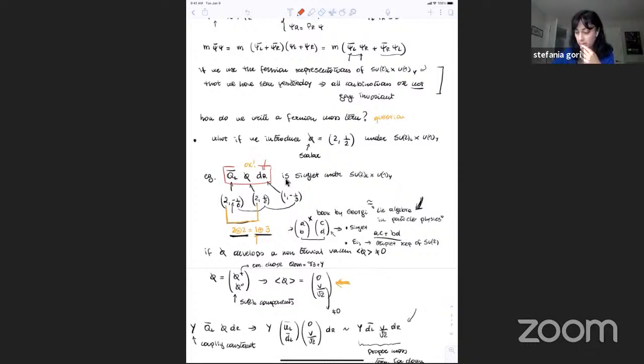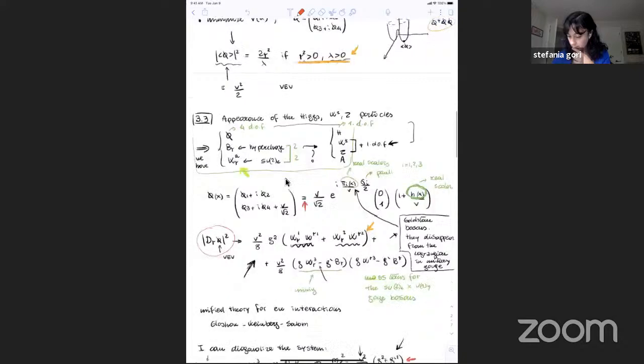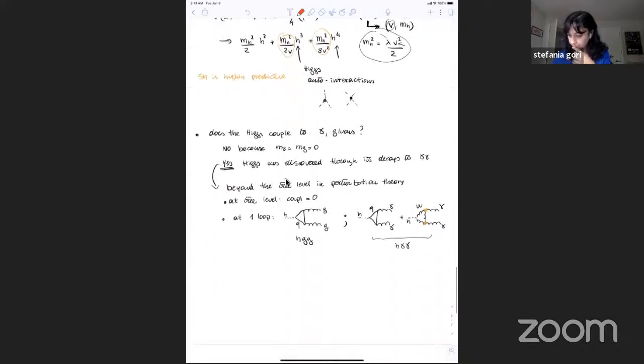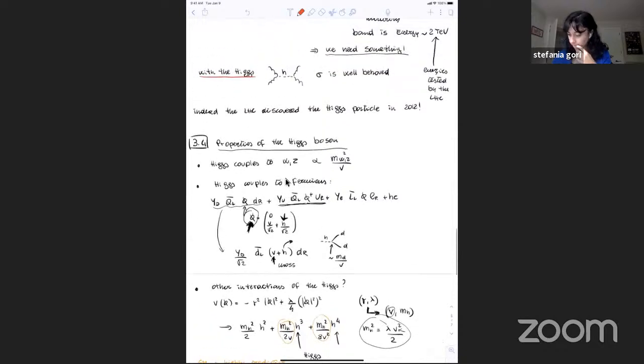So if you write it explicitly, let's see it here. I brought it down again later in the notes. If you take these three terms in the Lagrangian and then you replace the phi field, what you will end up having are couplings like this, where you have a D left and a D right.